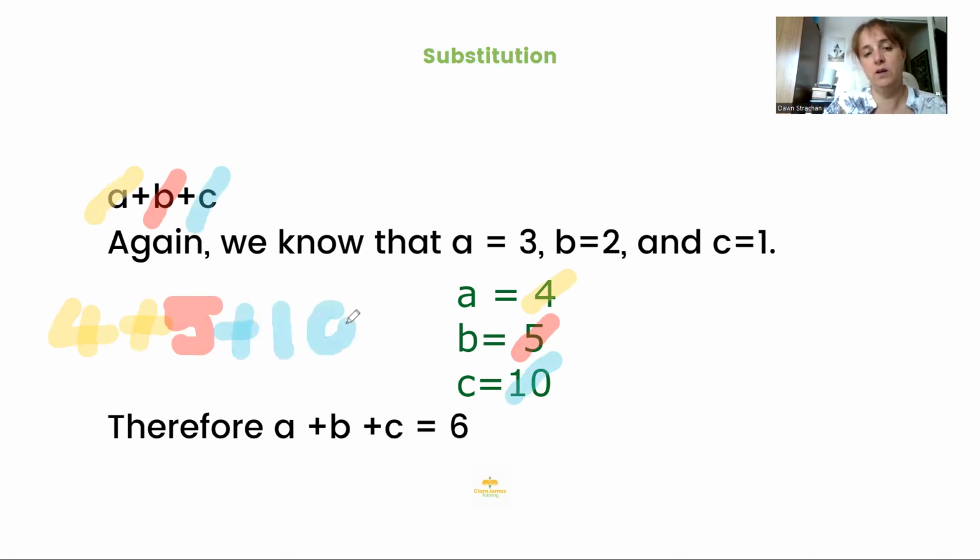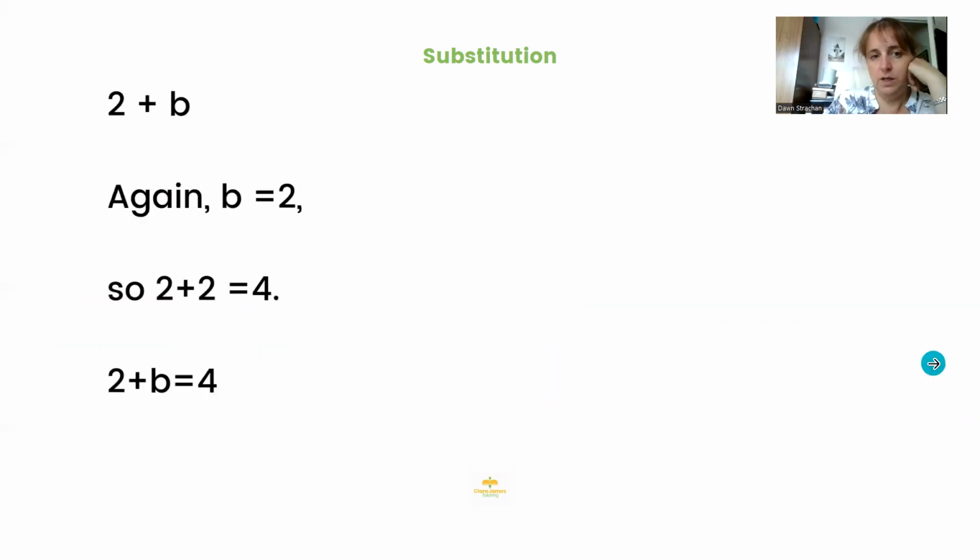So our answer would be 4 plus 5 is 9, 9 plus 10 is 19. So it's literally a case of just swapping the letter that they've given you for the number that they've given you.